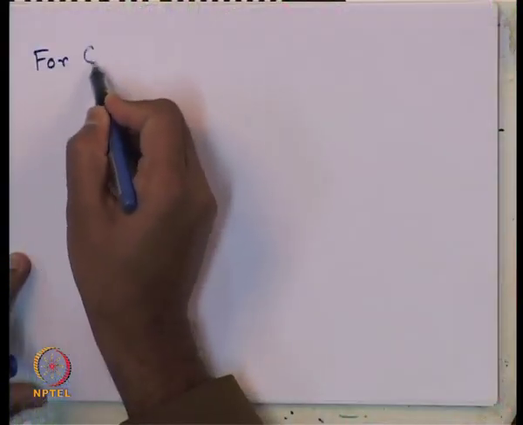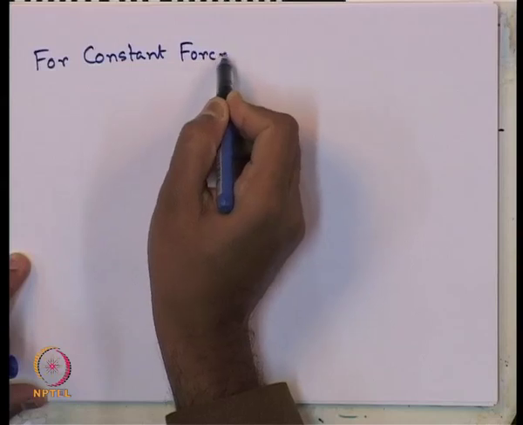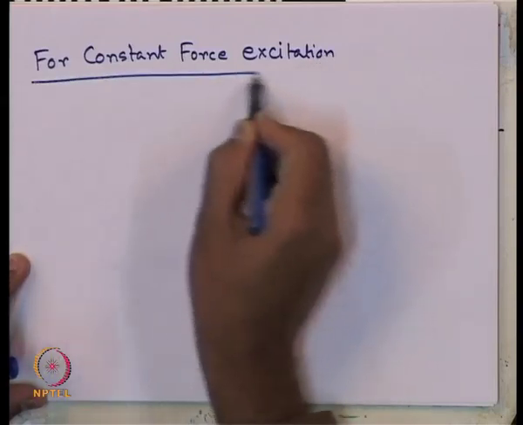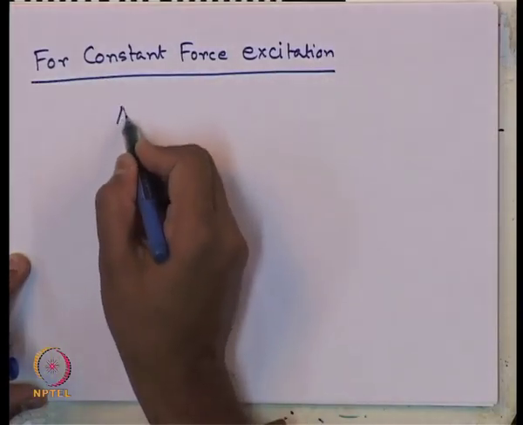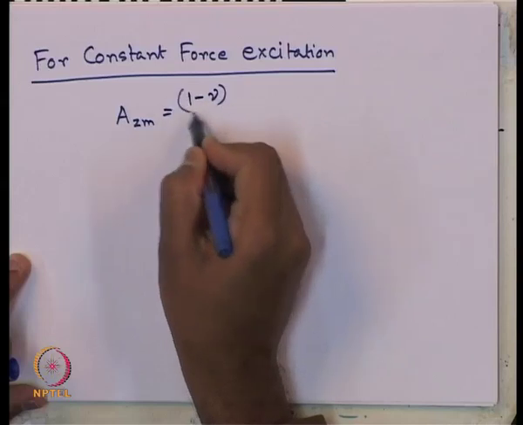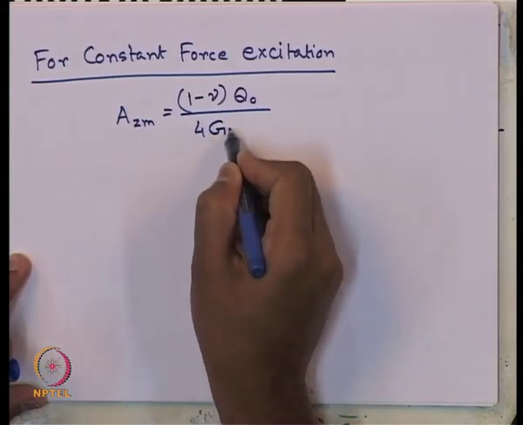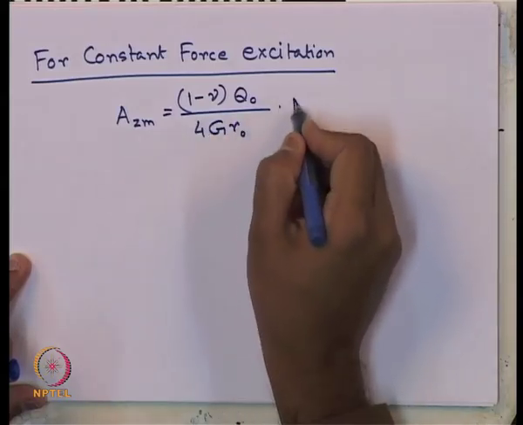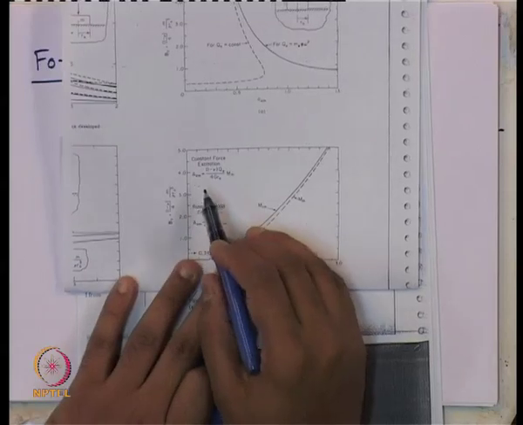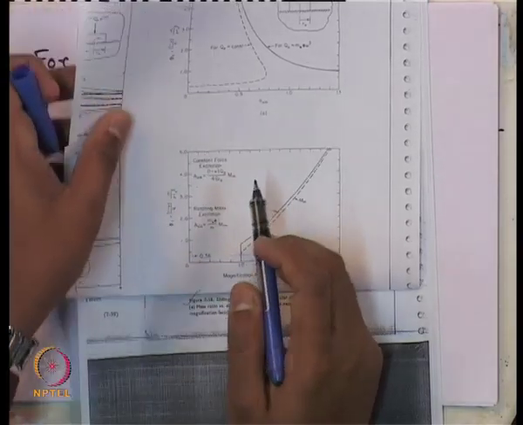For constant force type excitation, the expression is AZM equals 1 minus mu, q naught by 4 g r naught, times MZM. This is given here; if you look back, AZM is this expression, and it is given in the design chart also.